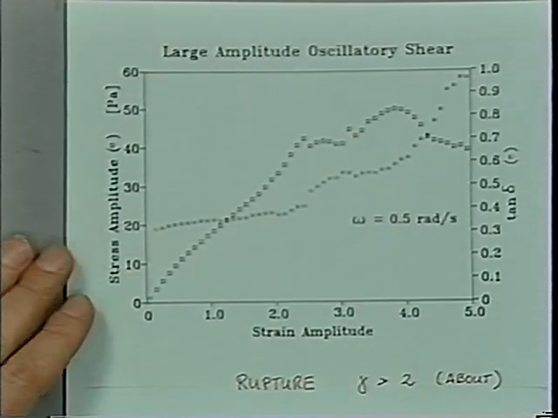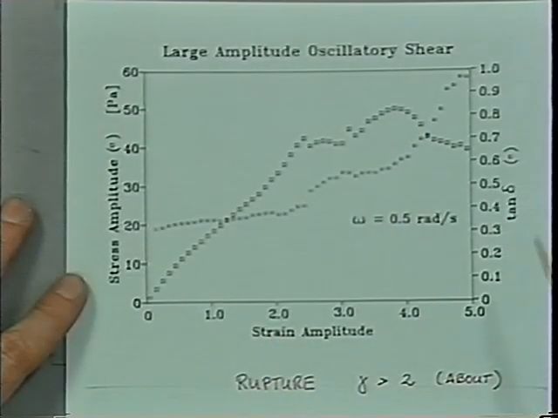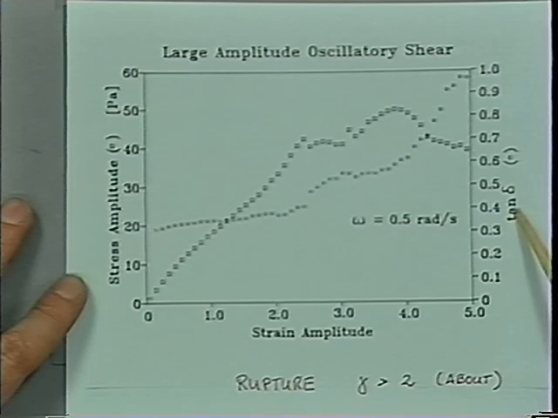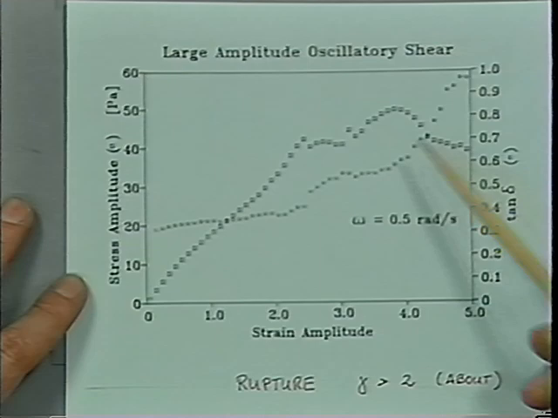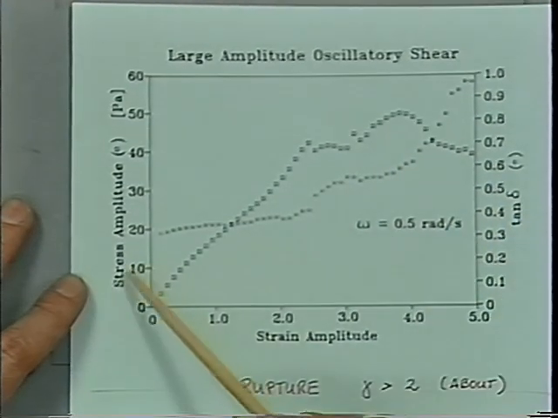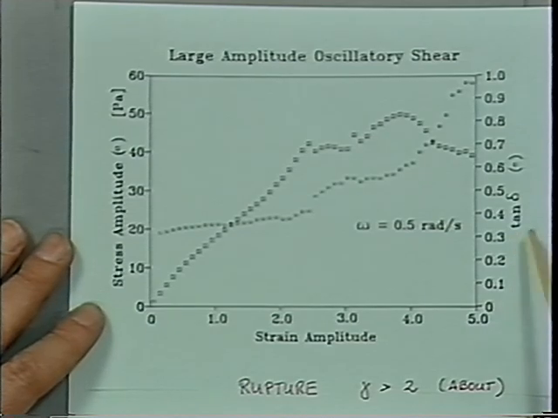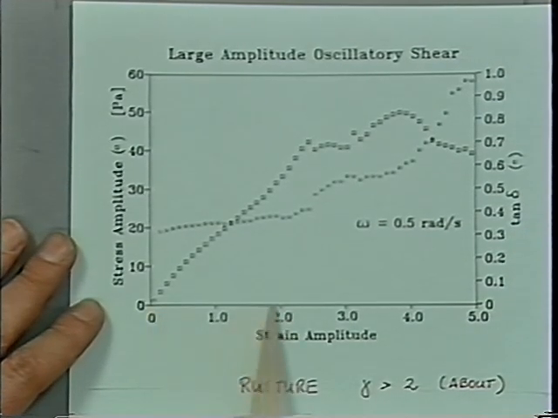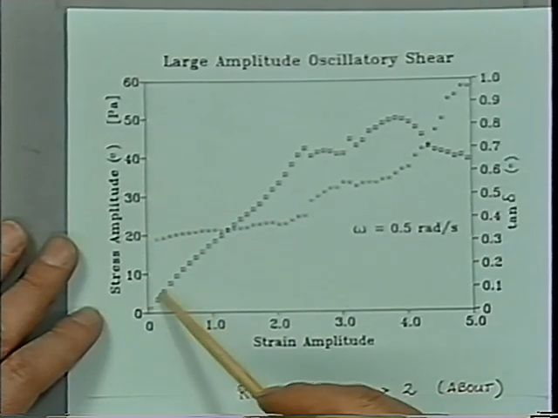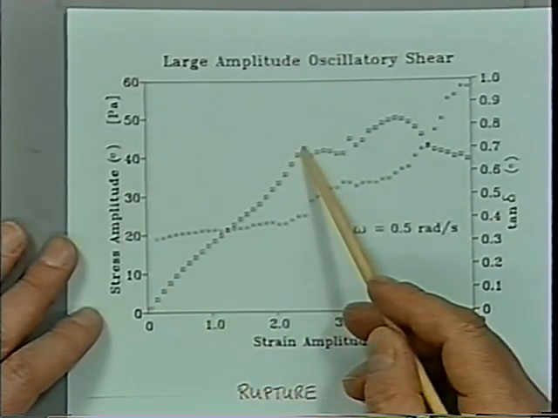A dynamic mechanical experiment at increasing amplitude. Here, in this case, we're plotting tan delta, and also, I think, there was one other property: the stress amplitude. We perform the dynamic mechanical experiment at increasing strain amplitude, then the resulting stress amplitude is increasing.